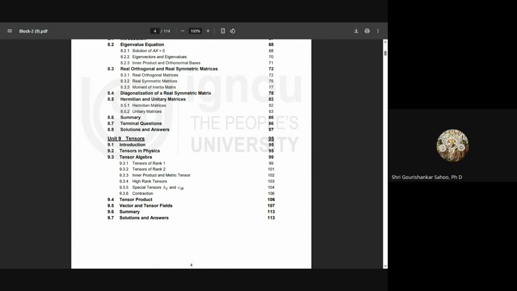So let us go through what we have discussed earlier in the partial differential equation class. So I think the screen is visible now.